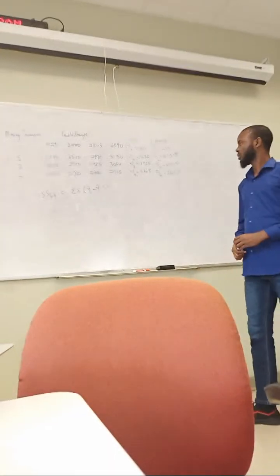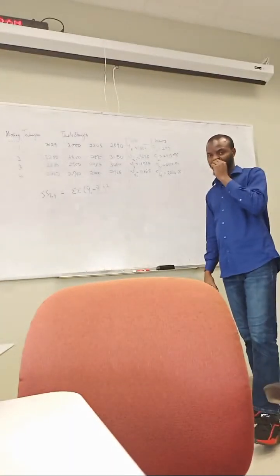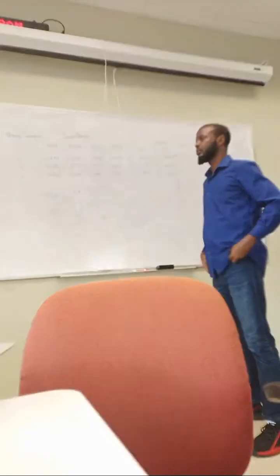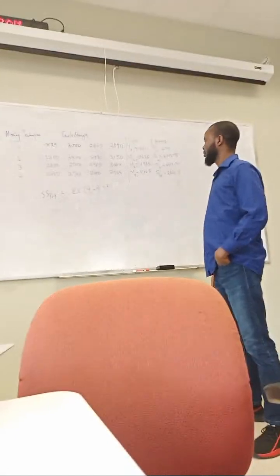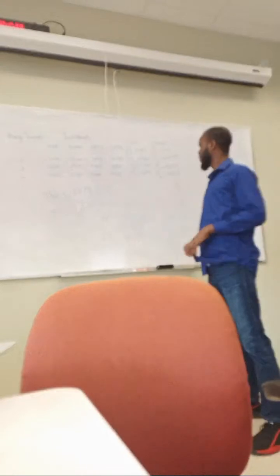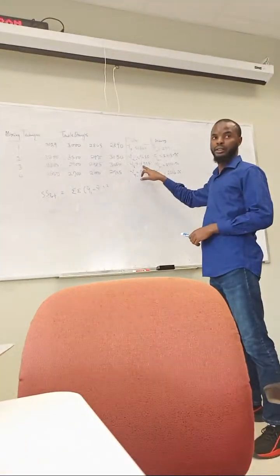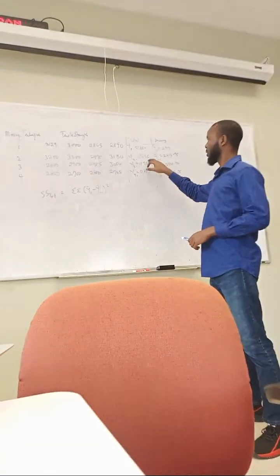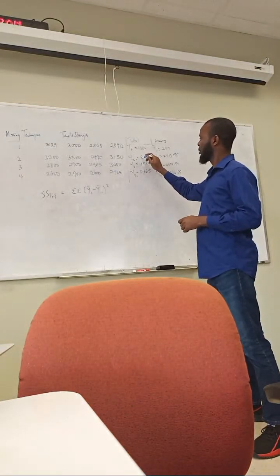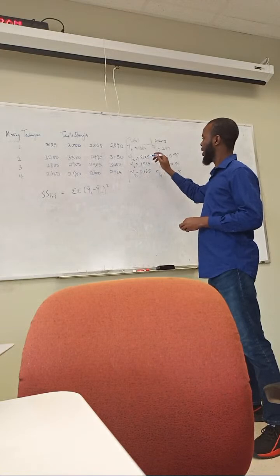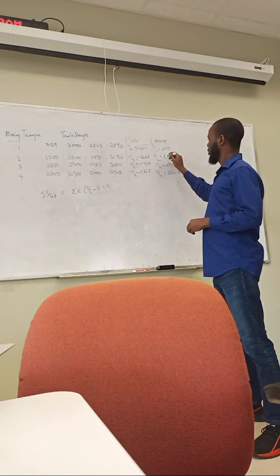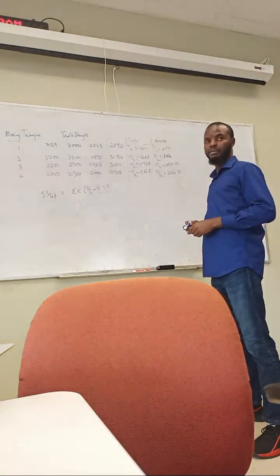Okay, the second one's wrong. The y2 total should be 12,625, and the average will be 3156.25.